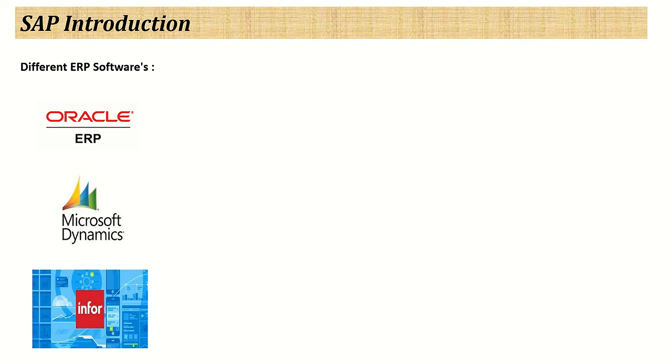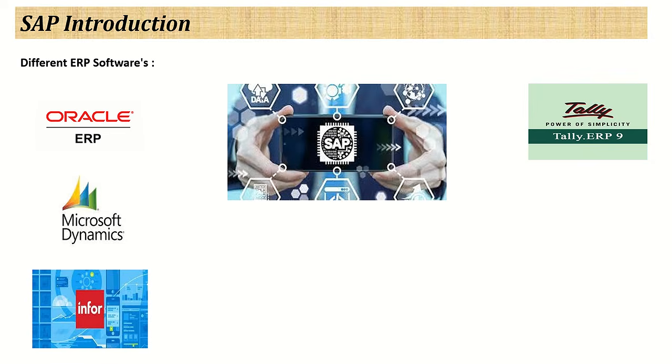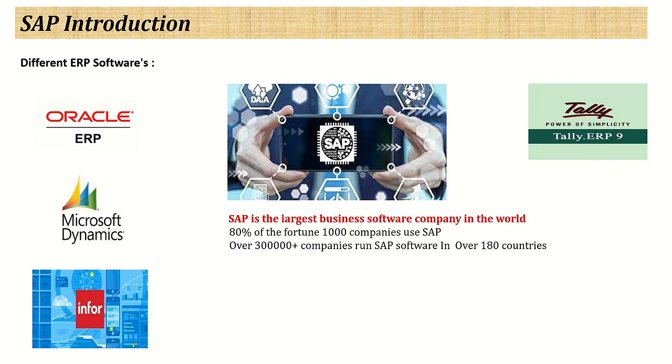So there are many ERP vendors like Oracle ERP, then Microsoft Dynamics, then Infor, then Tally ERP. Okay, but the very popular and the very successful ERP software in the world is SAP ERP. Okay, SAP is the largest business software company in the world.